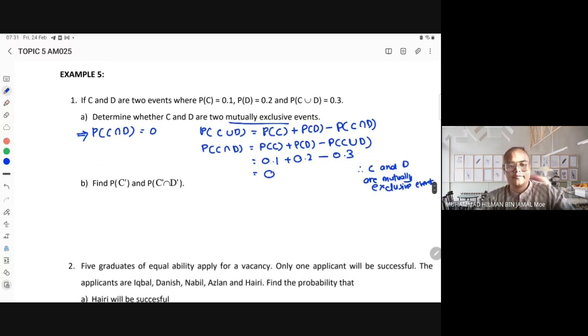Okay, next we need to find the probability of C prime and the probability of C prime intersect with D prime. Okay, so probability of C prime, this one is a complementary event.